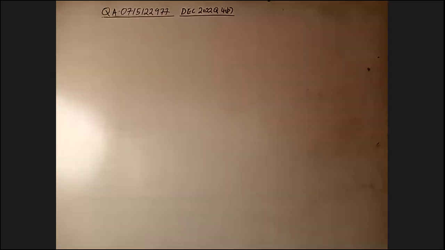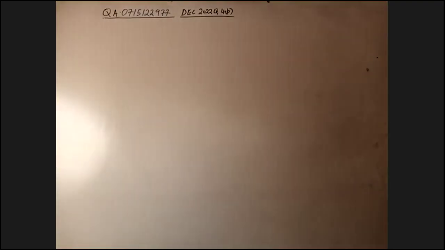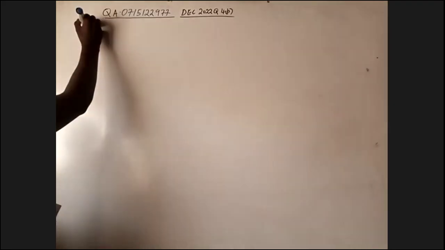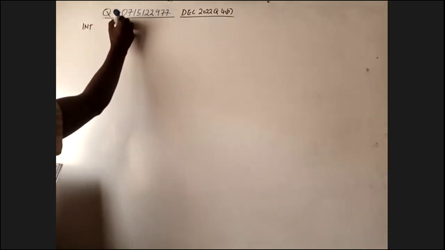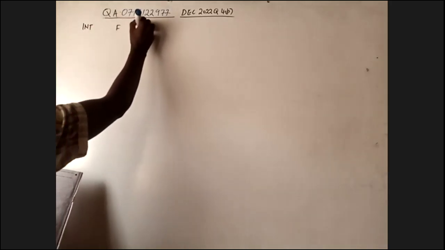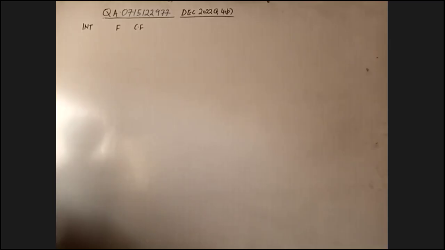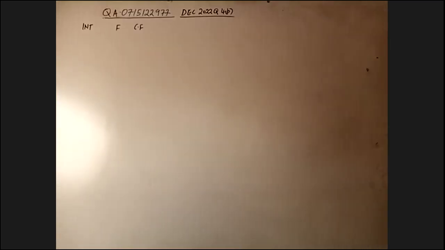Now I hope you can see my board. Remember to look at my board. December 2022, question number 4B. We have the intervals, frequency, then cumulative frequency. Let me move quickly because of time.